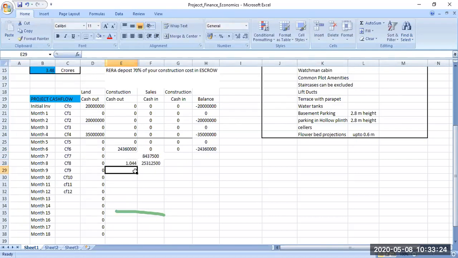So it is around 1.044 crore, and that I'm equally dividing into 3 months, just for convenience. So this is what we're spending in construction.